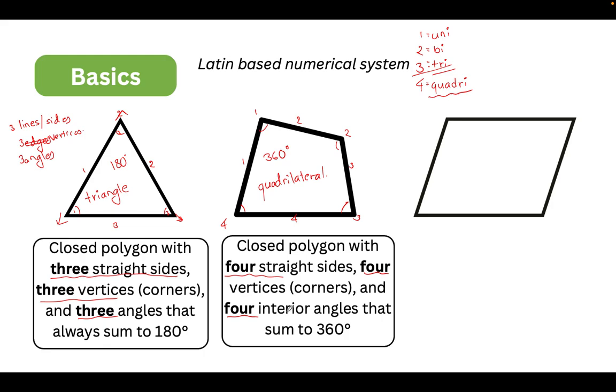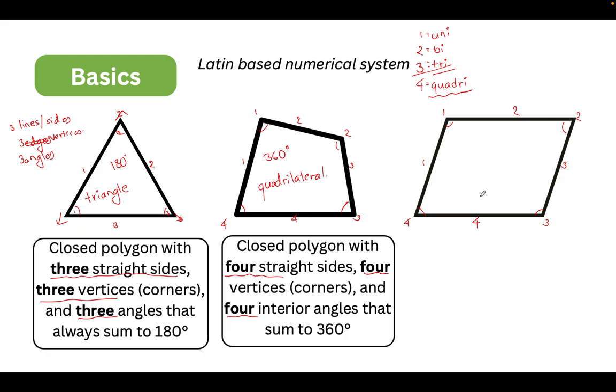Fine. Now then what is this? This also has 1, 2, 3, 4 vertices, 1, 2, 3, 4 angles and 1, 2, 3, 4 straight sides.